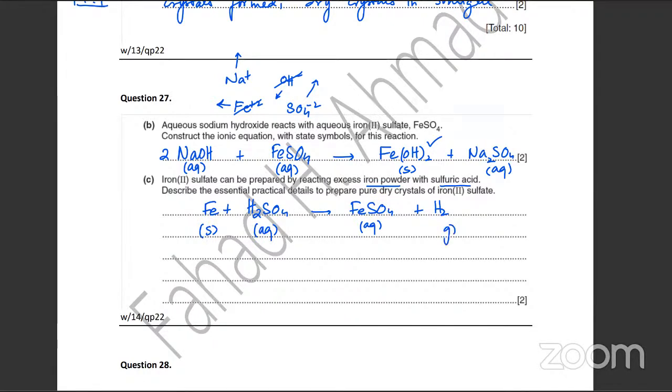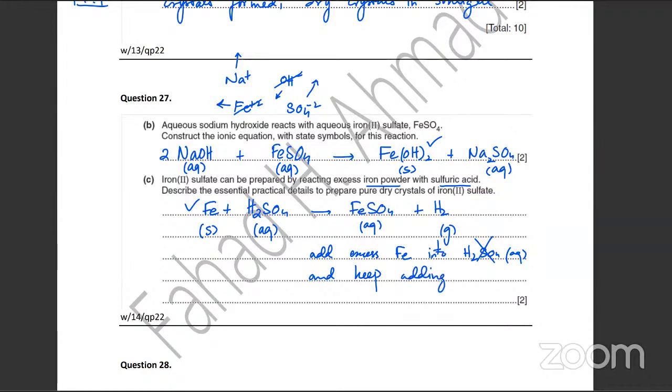कौन सा method होगा? Insoluble reactant making a soluble salt. What method is going to be used? The excess one. This is going to be added in excess. So what you're going to do is add excess Fe into sulfuric acid, and keep adding until it remains undissolved. उससे होगा कि sulfuric acid is all going to completely react.